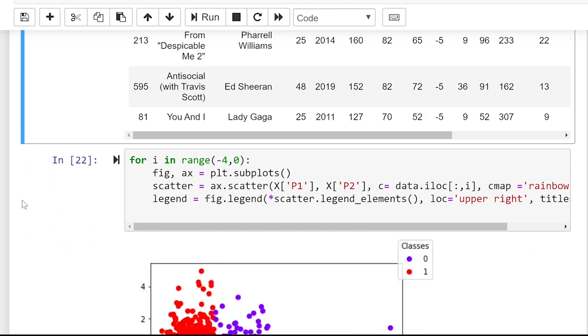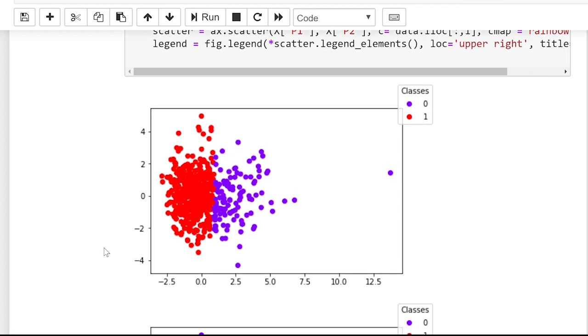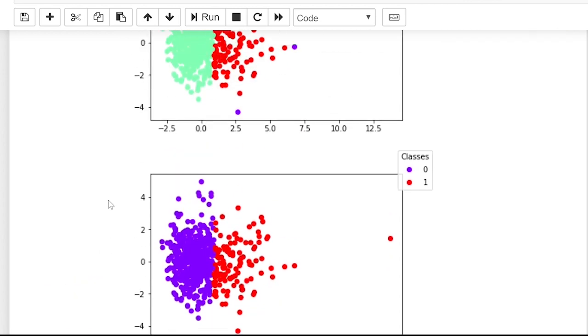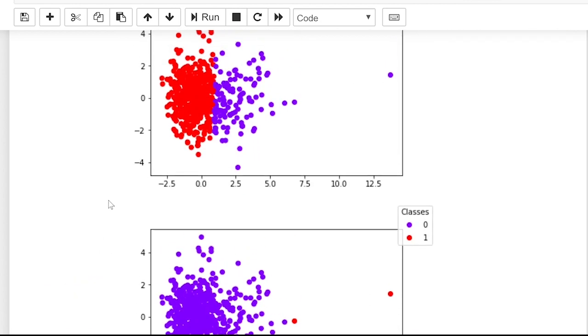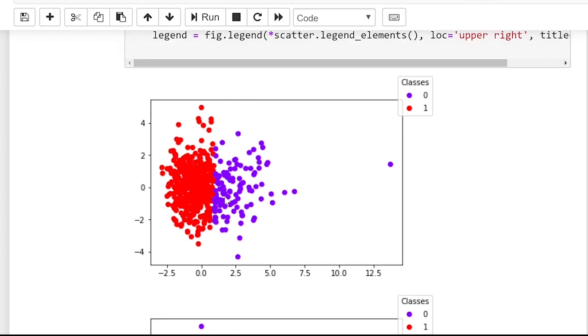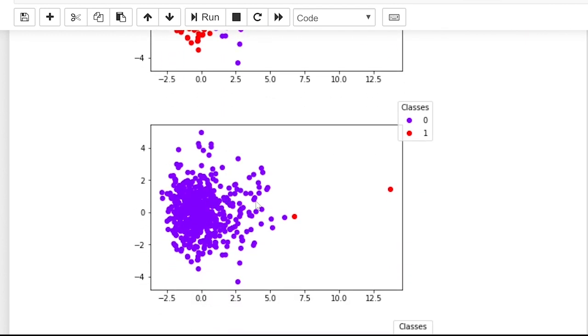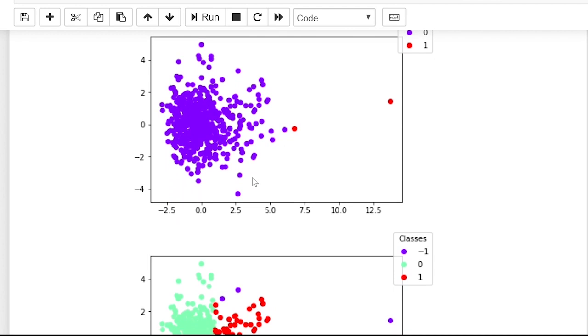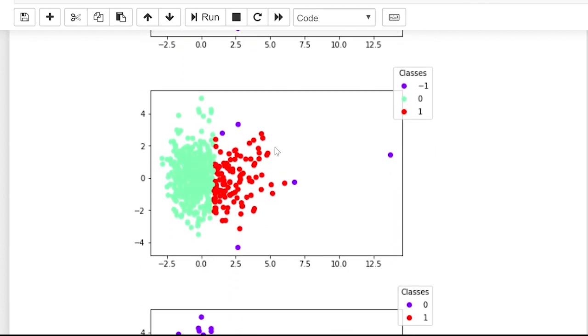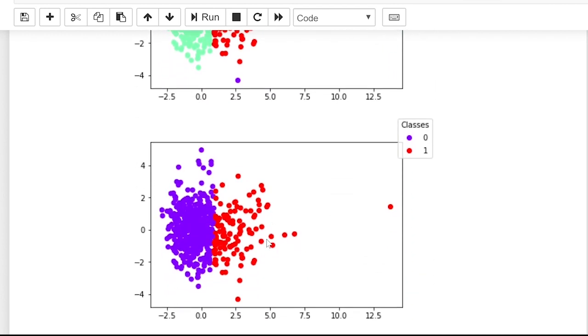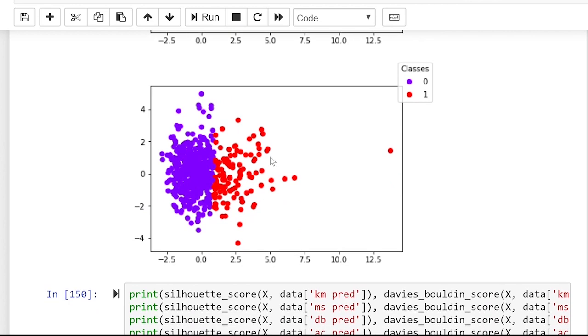For each methodology, I would like to draw some figures. For example, this is k-means, this is mean shift, this is DBSCAN, and this is agglomerative clustering.